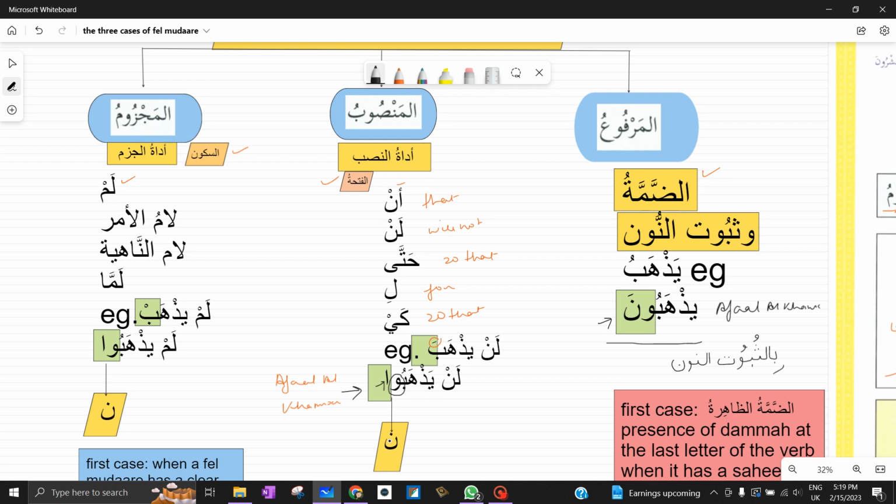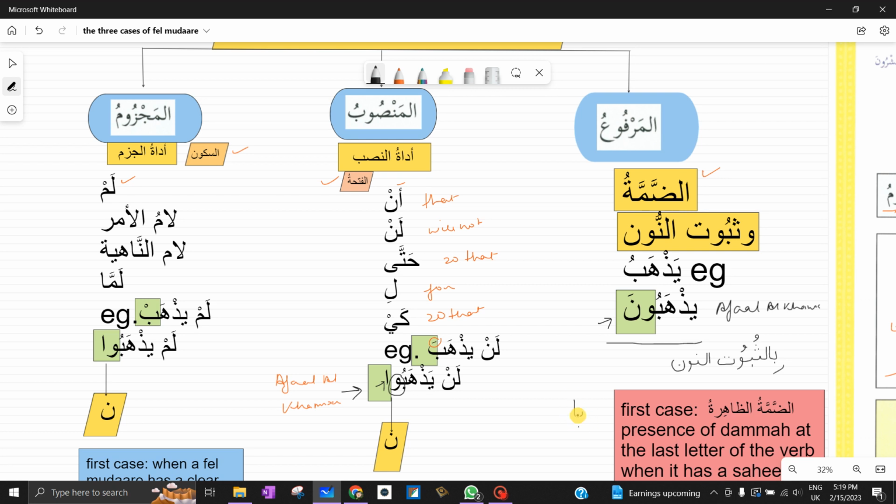And in this case, when the noon gets deleted, how will you do your i'rab? You will say fail mudare, same sentence as I have given before: fail mudare mansubun wa alamatu nasbihi. Al fathatu, what will you write? No, not fatha. Wa alamatu nasbihi بحذف النون.